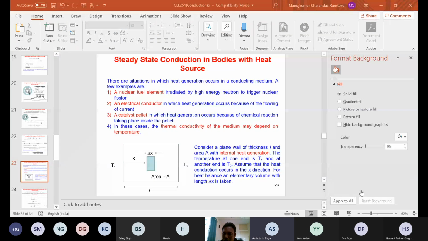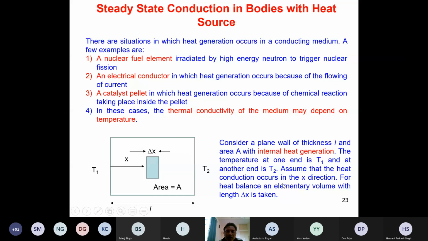Yes, sir. Please interrupt Coming up. me in between. Whenever these slides are not visible, please interrupt me in between because whenever I am, explaining, I am only on the slide. I am not able to see the window of this MS Team. Okay, so I don't get to know whether slides are visible or not. So please interrupt me whenever such things happens. Okay. So now slides are visible.